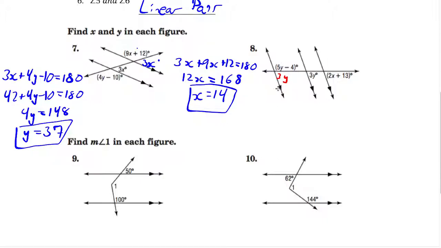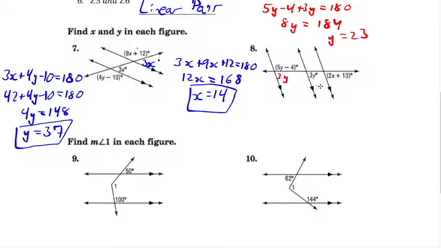Well, 3y and the 5y minus 4 are supplementary. So we can say that 5y minus 4 plus 3y is equal to 180. So we get 8y is equal to 184. So all we have to do is divide 184 by 8, and we get that y is equal to 23.